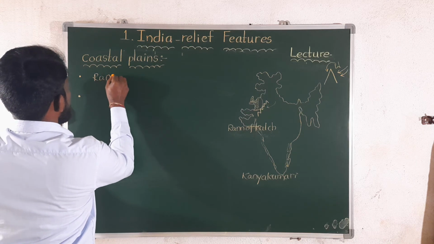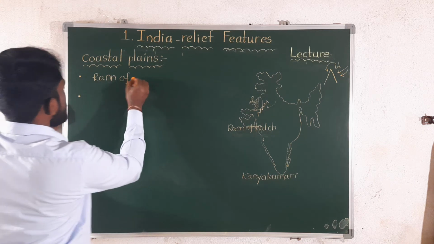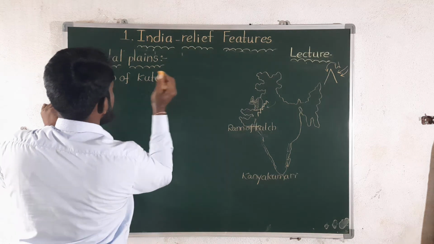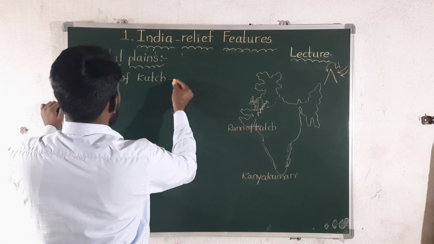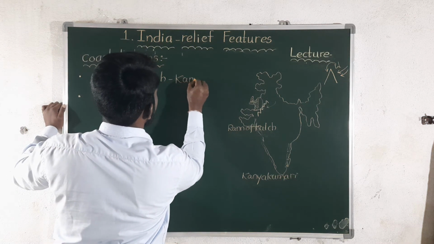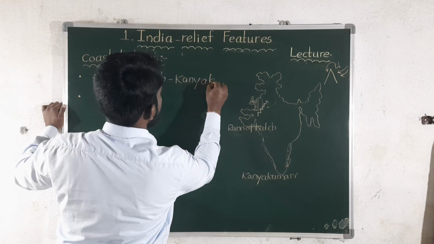Starts from Run of Kutch. Let me write this point: Run of Kutch to Kanyakumari.